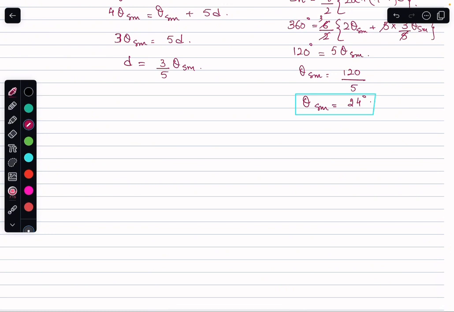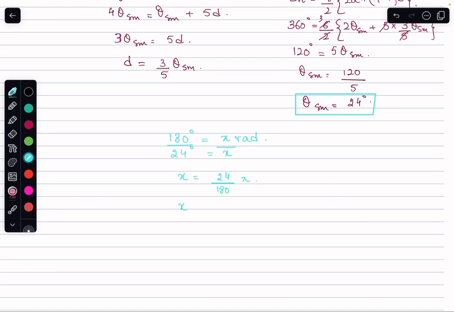To convert degrees to the radian value, I should know that 180 degrees equals pi radians, or I can say 24 degrees shall be equal to x radians. So x radians here shall be equal to 24 divided by 180 times pi.